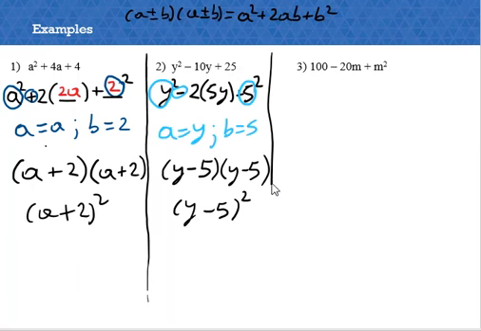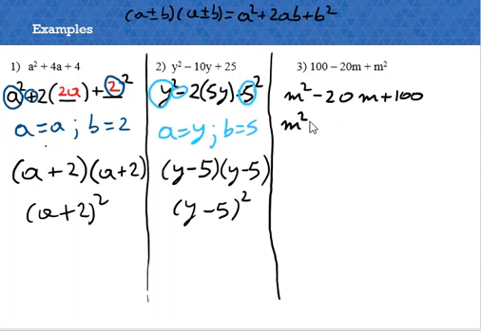Okay, so just try to do it yourself, and then play the video again and see if you got it right. This one right here is written in ascending order, so I'm going to rewrite it in descending order. So m squared minus 20m plus 100. Following the formula, it should be m squared minus 2 times 10m plus 10 squared.